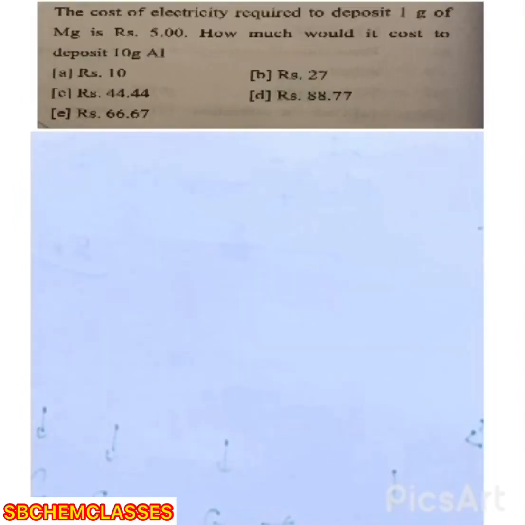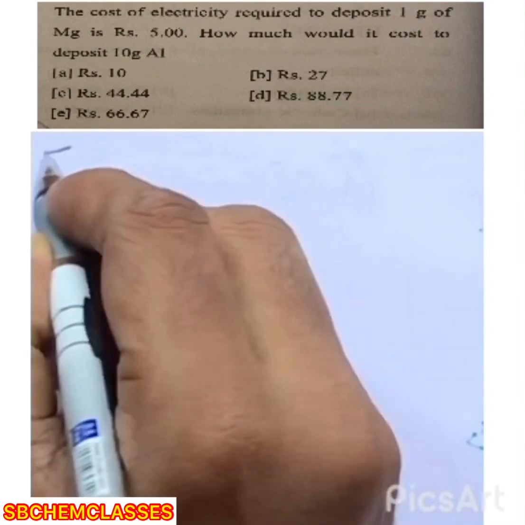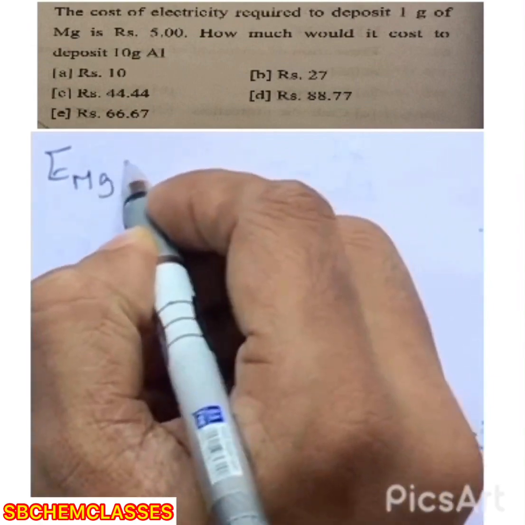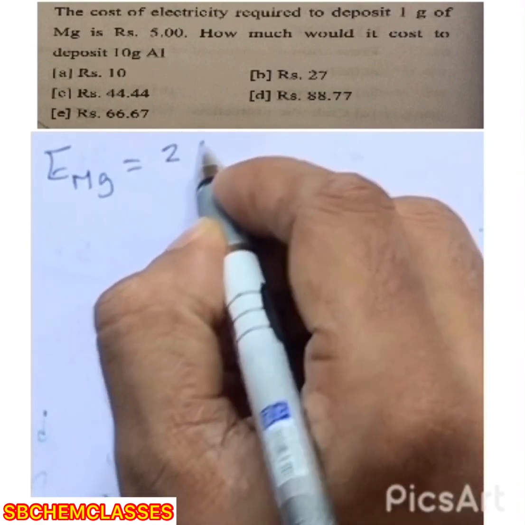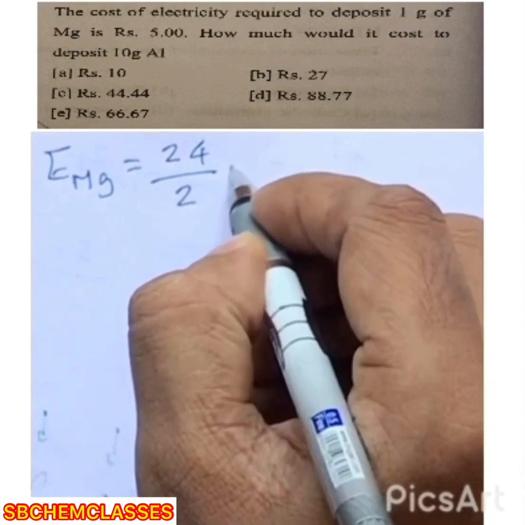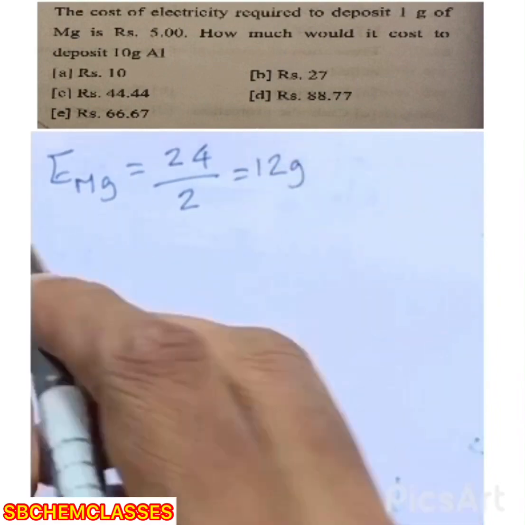The cost of electricity required to deposit 1 gram of magnesium is 5 rupees. How much would it cost to deposit 10 gram aluminium? Here we are comparing magnesium and aluminium. Equivalent mass of magnesium is its molar mass 24 by valency 2, that is 12 gram.